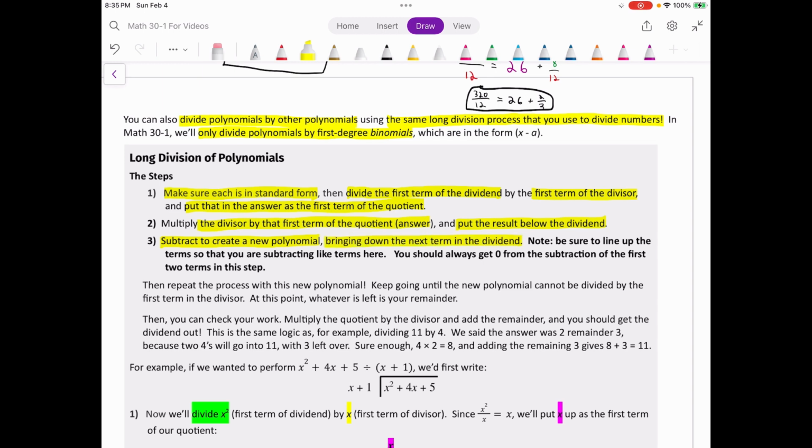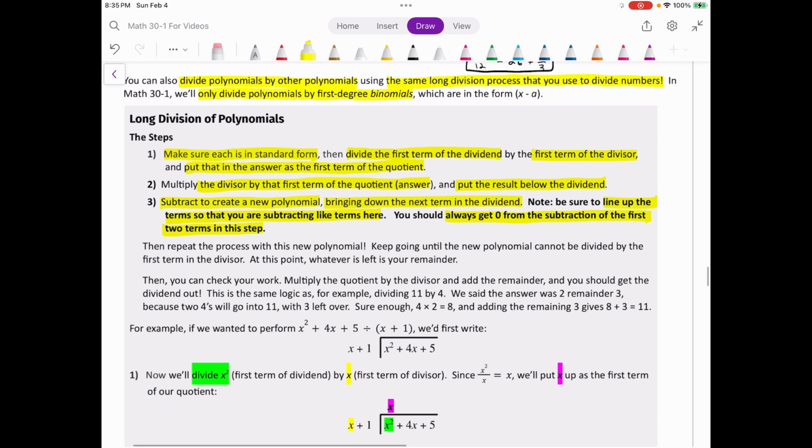Important note here, make sure you're lining up the terms so that you're subtracting like terms. The nice thing is you should always be able to check your work as you go because you'll always get 0 from the subtraction of the first two terms in this step. If you did it correctly, when you subtract the first two terms, you'll end up with a 0 here, and then you just focus on what you're left with and repeat.